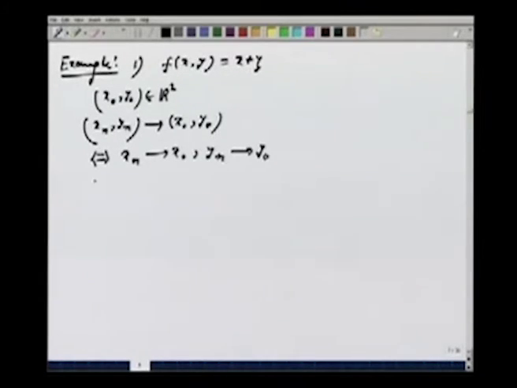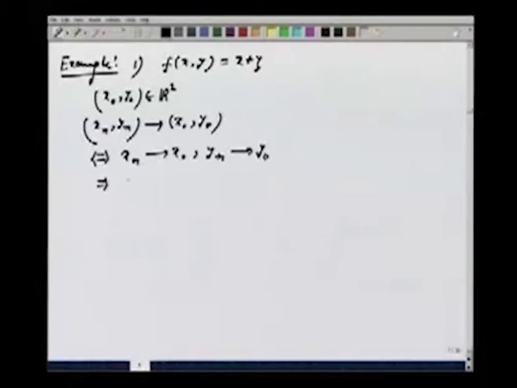Now apply a result about sequences which we have proved long back: if you have two sequences xn and yn such that xn converges to L, yn converges to M, then xn plus yn converges to L plus M. By that result, xn plus yn converges to x0 plus y0.